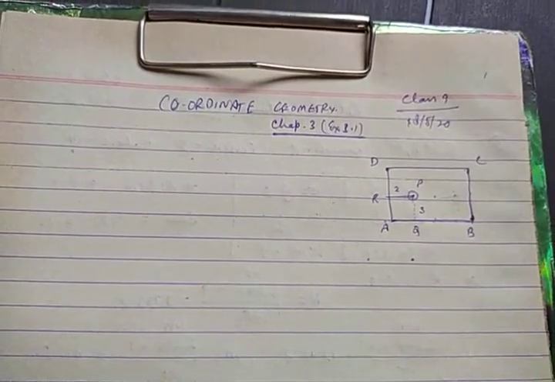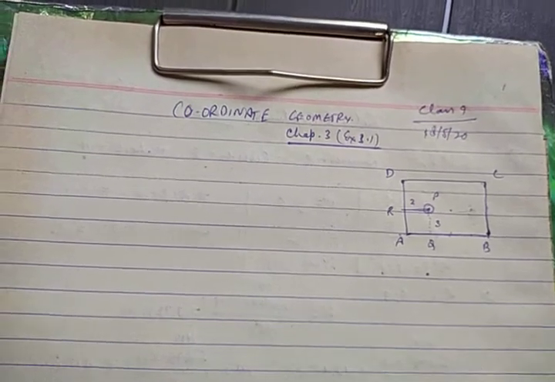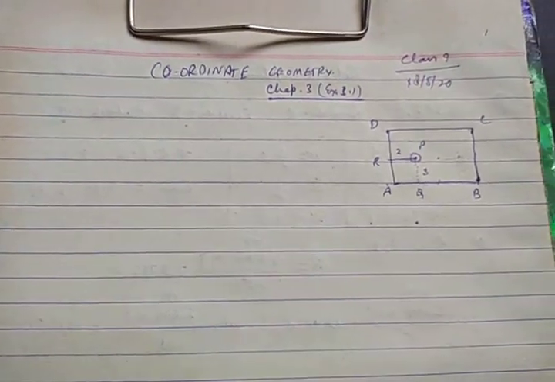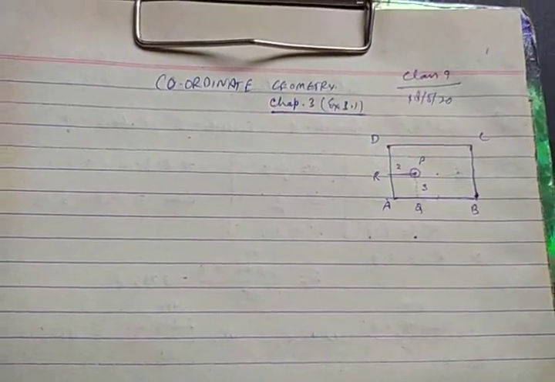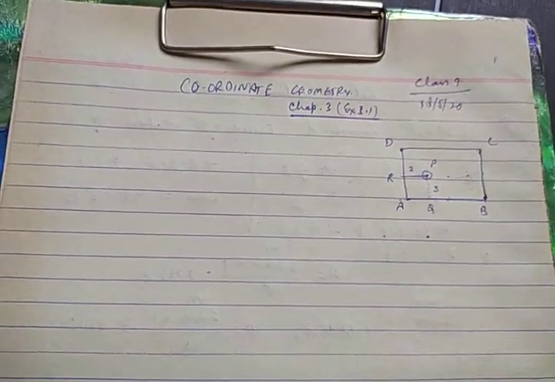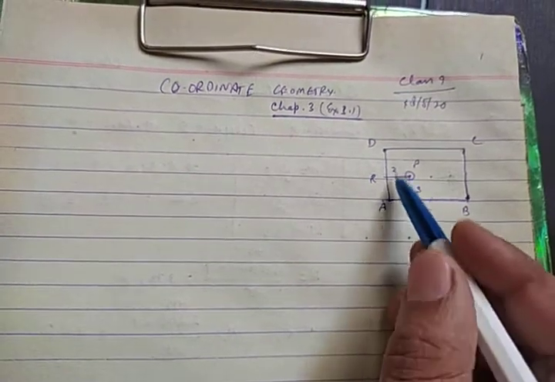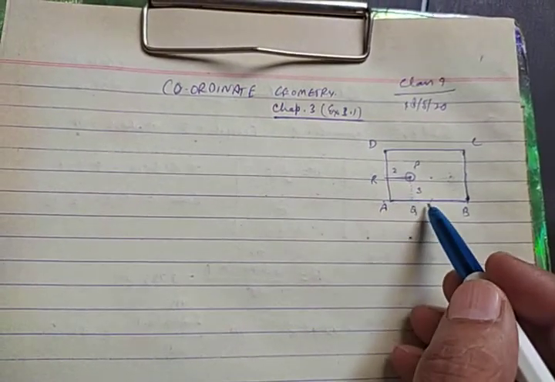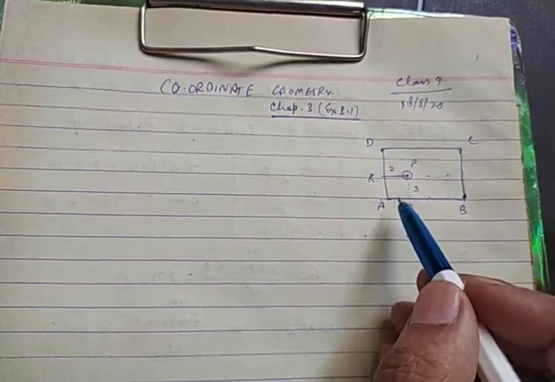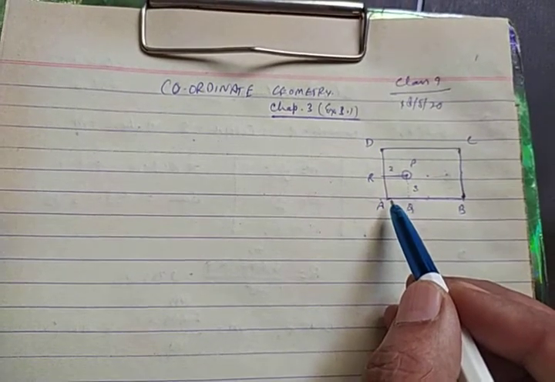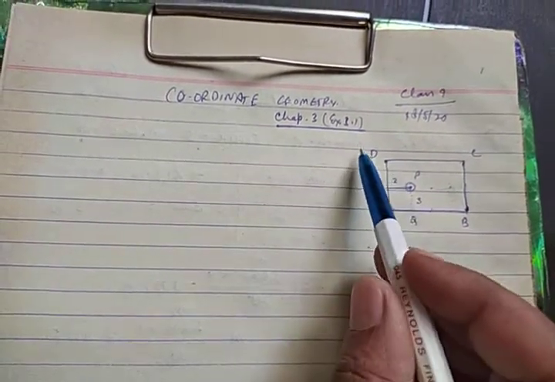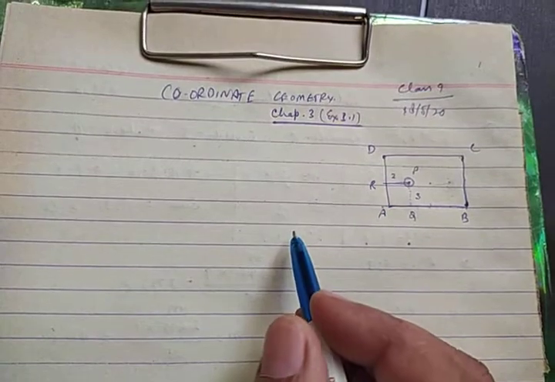Other objects also, you can measure your bed, your chair, etc. And the concept I am talking about, the measurement in two perpendicular directions, is the base of the chapter coordinate geometry.